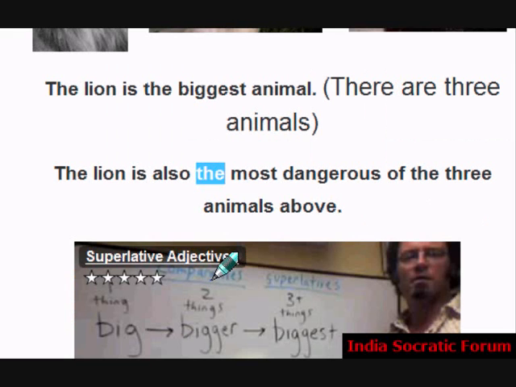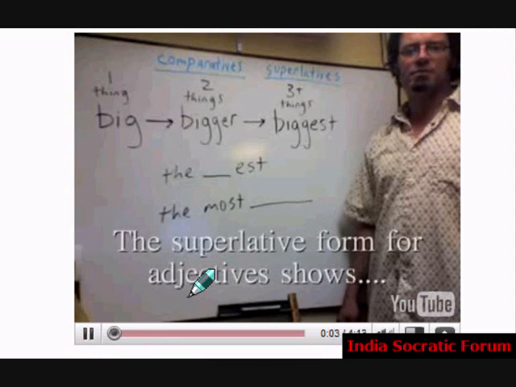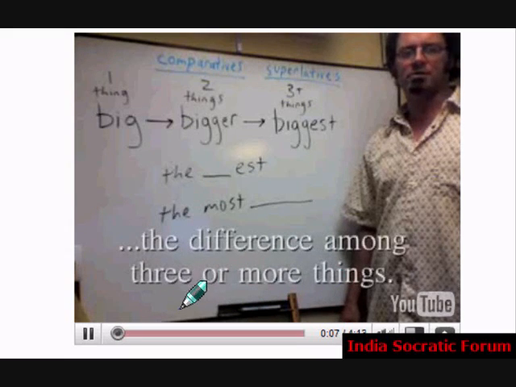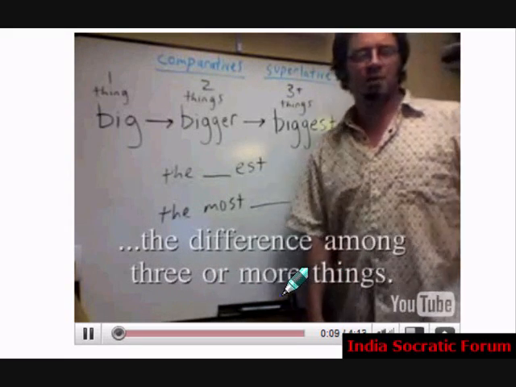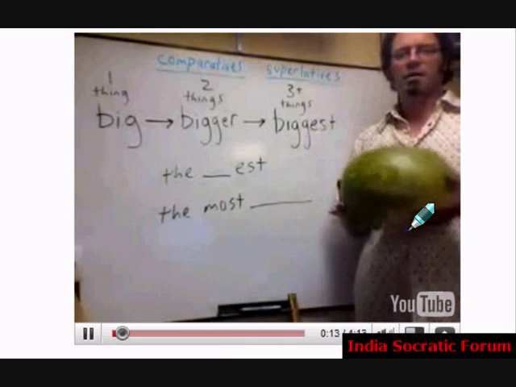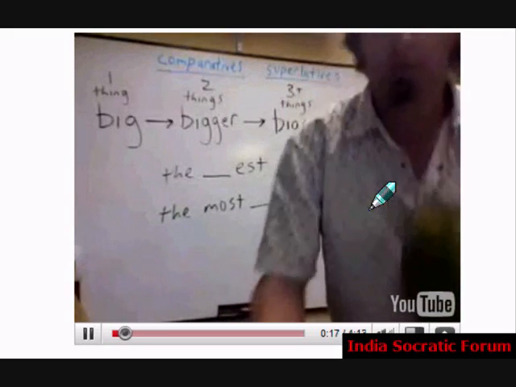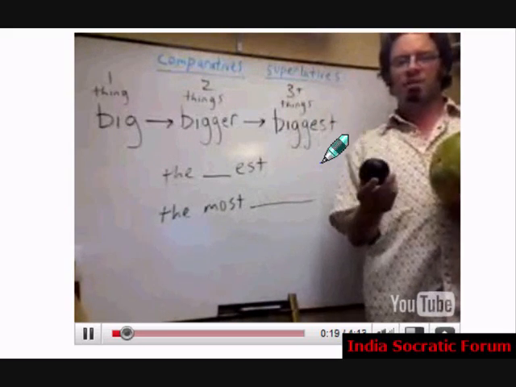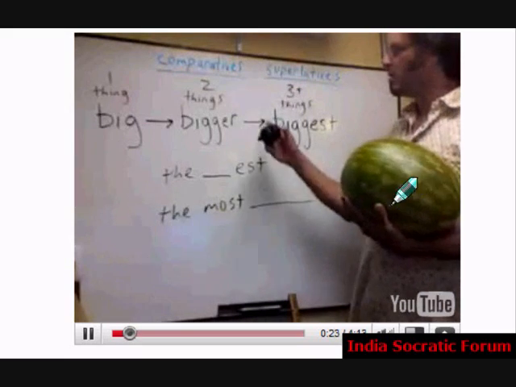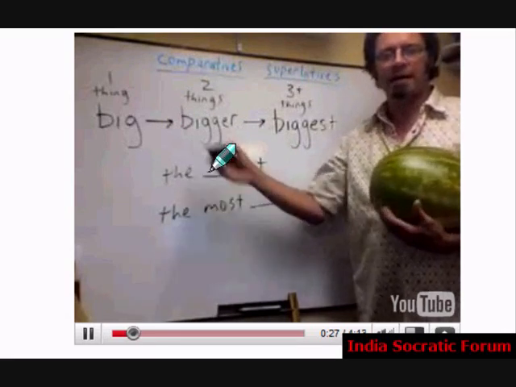Let us see one example. The superlative form of adjectives shows the difference among 3 or more things. For example, he holds a watermelon. Watermelon is big for now. But once you bring in the plum, we can very well say watermelon is bigger than the plum he has in hand.